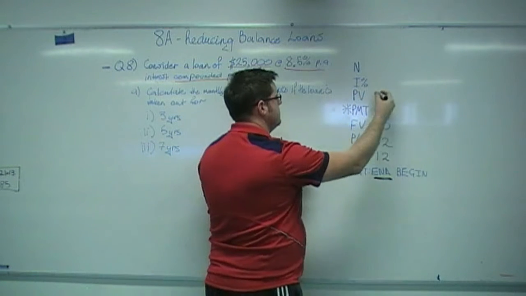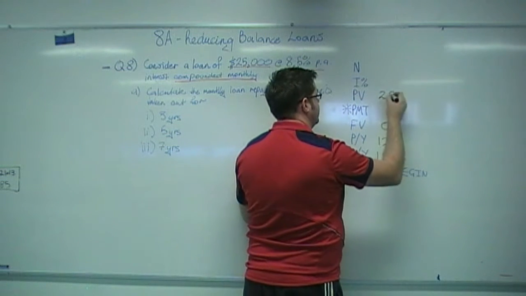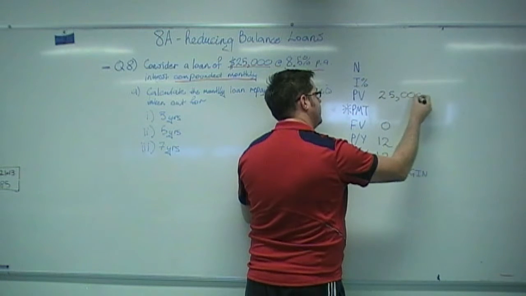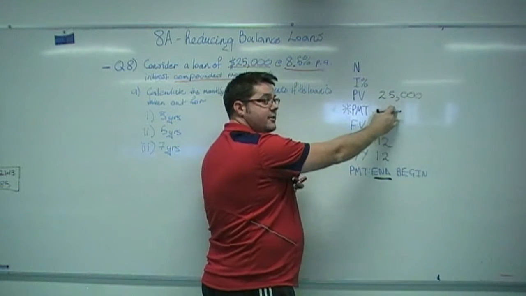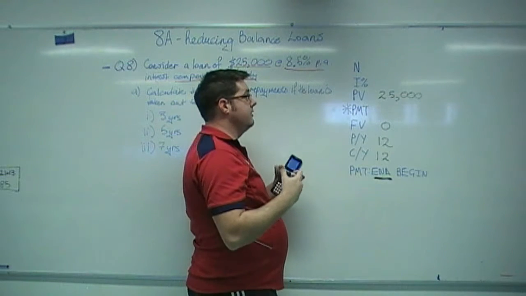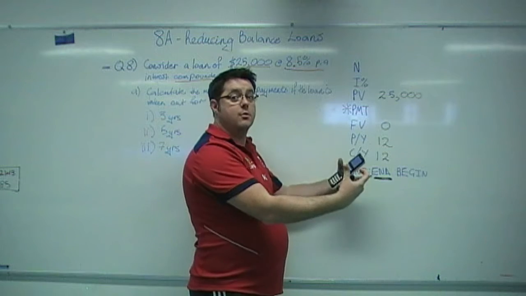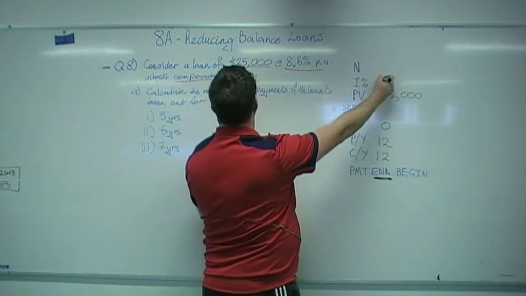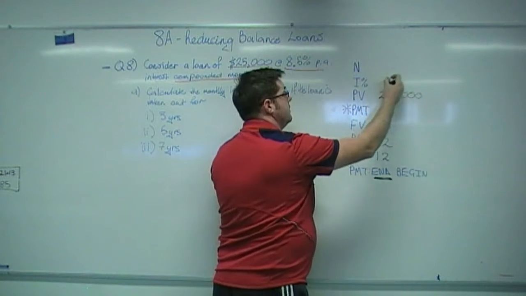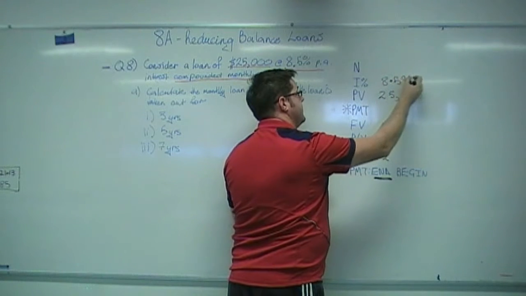The present value here we're asked for is $25,000. Now we're going to leave that as a positive because that's money that we're going to gain at the start. Hence our payment would be expected to be negative because that's money that we're going to have to give away. The interest that we're asked for here is 8.5%.